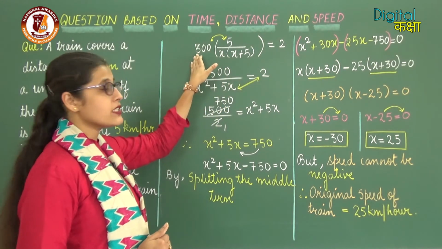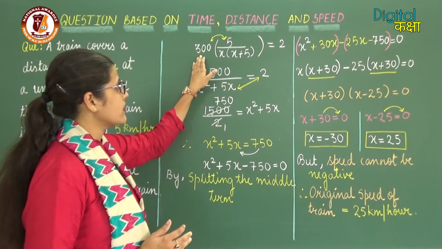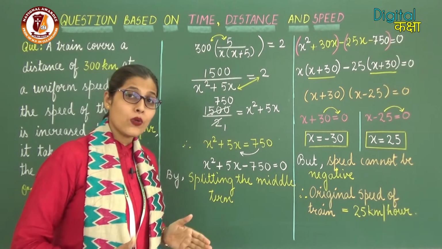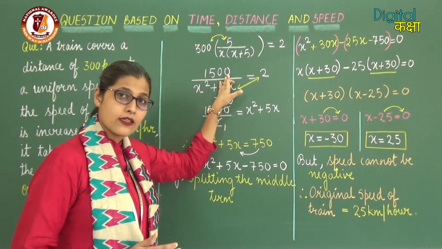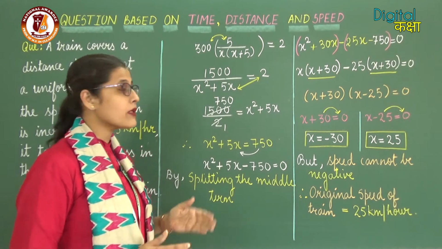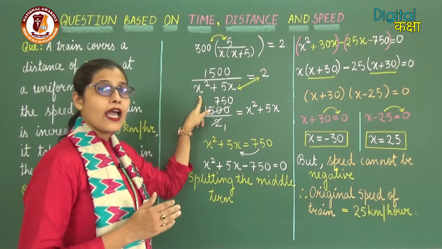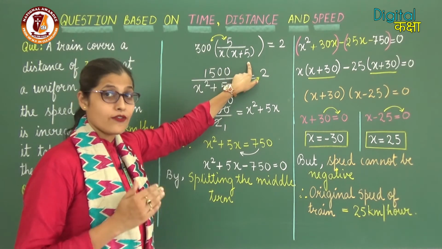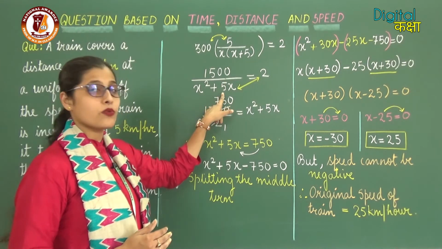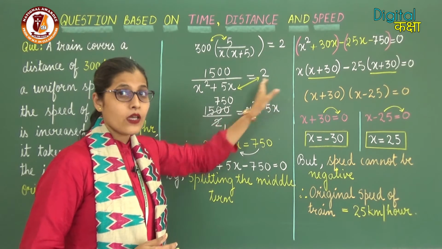So, we will be multiplying the numerators, which are 300 and 5. So, we will be getting 1500 in the numerator, and on multiplying x with x plus 5, we will be getting x square plus 5x equals 2.